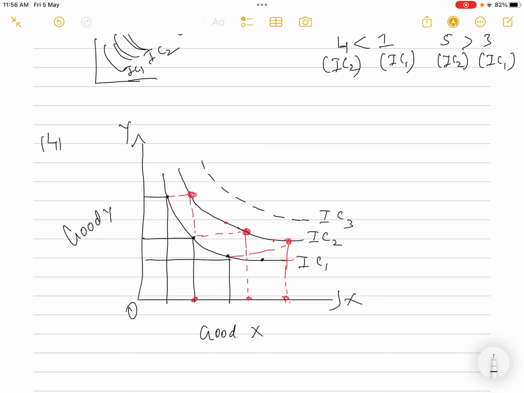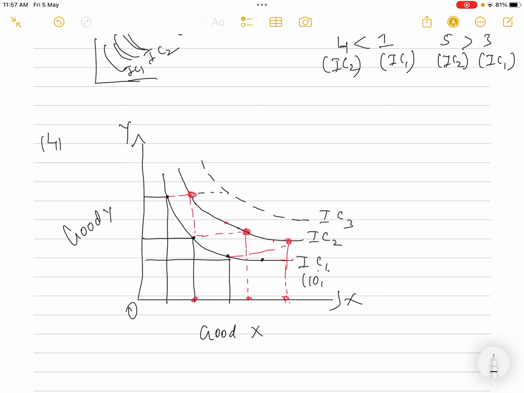So the IC curve on the right-hand side is giving more satisfaction to the consumer than the IC curve on the left-hand side, because on the right-hand side indifference curve the consumer can get more quantities of commodity X and commodity Y. We remember we assumed the money income of the consumer to remain constant. If the money income is constant, he can purchase any of the combinations lying on IC1.